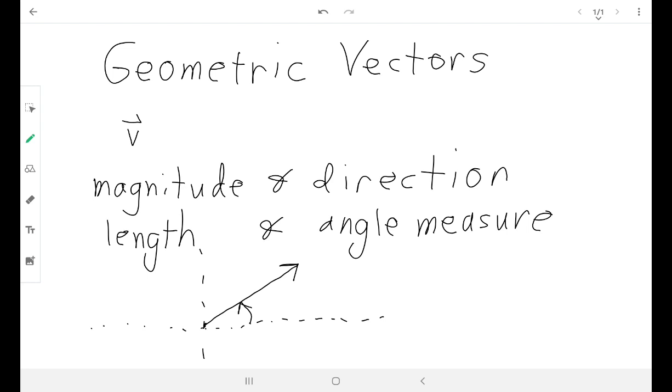The magnitude part is how far is it from there to there. And I want to give some language that'll help a little bit later. This is called the tip. This is called the tail.